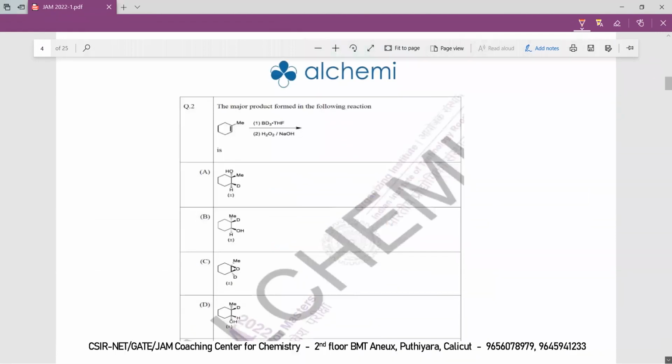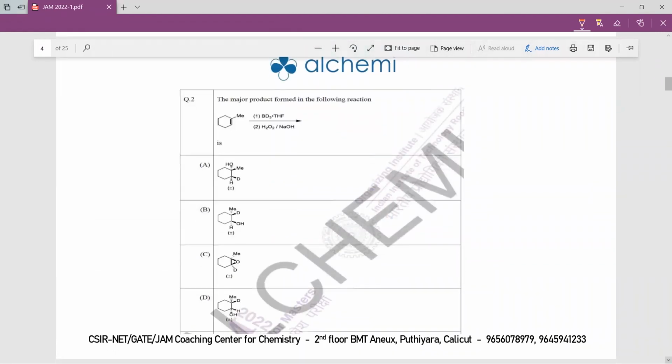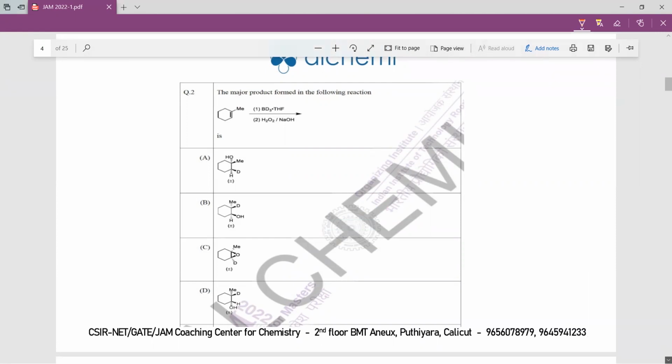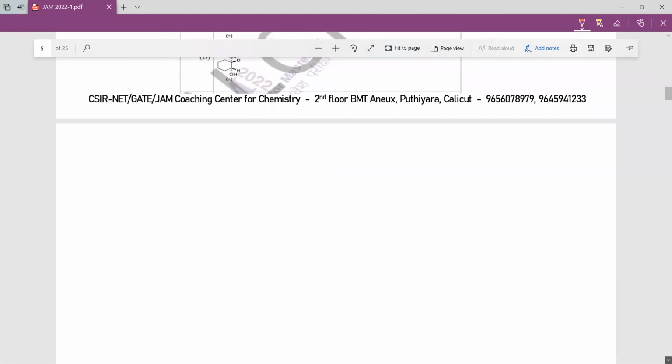Now for the second question, the reaction is like this: the major product formed in the following reaction. So what happened is, this is the reagent given.